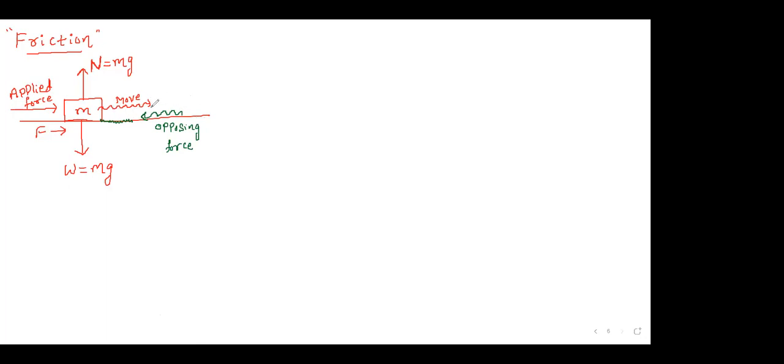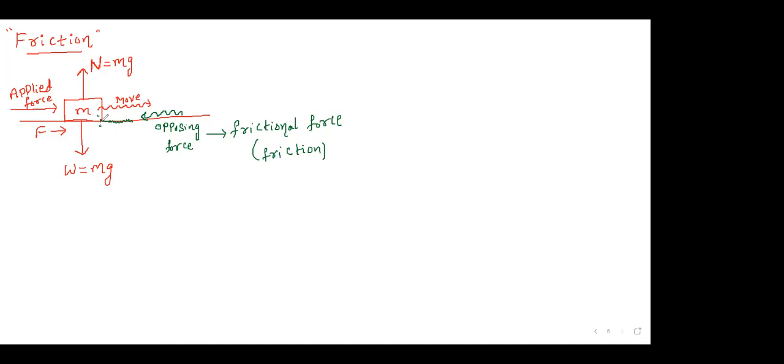This opposing force, which is responsible to stop the body, we call it what? A frictional force, or simply we can call it friction. And please remember, students, this friction comes into picture only whenever there are two surfaces in contact.